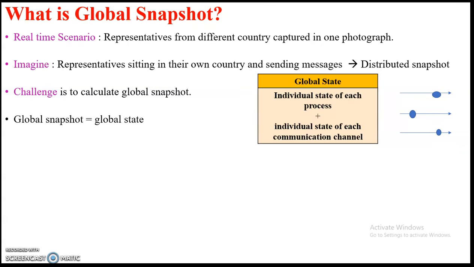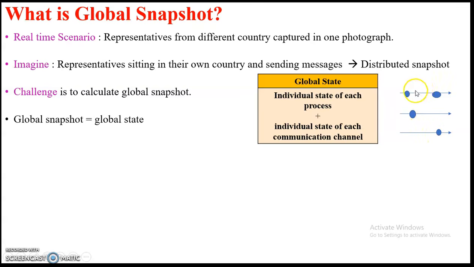So let us consider there are these three processes and some events that are occurring on them. Now what we will do is we will take a snapshot of each site because they are geographically apart from each other. We will take a snapshot of this individual process, then this individual process and this individual process.